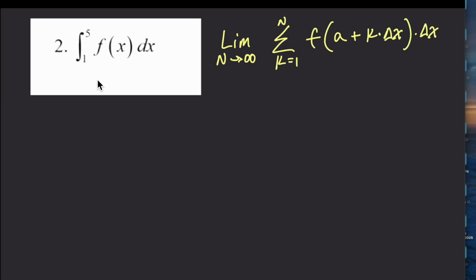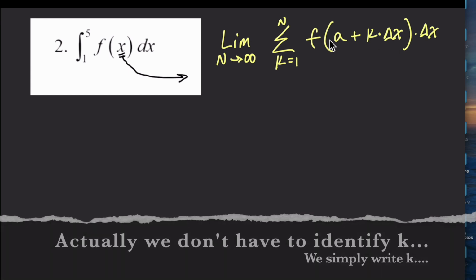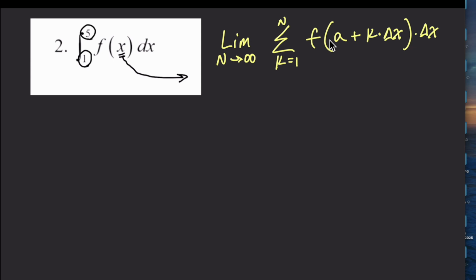Next, we are given the definite integral, and we're asked to find the summation notation. First thing we're going to do, folks, is recognize that this x, when we go to the Riemann notation, is going to become x on steroids. So we have to identify a, k, and delta x. a they give us, b they give us.